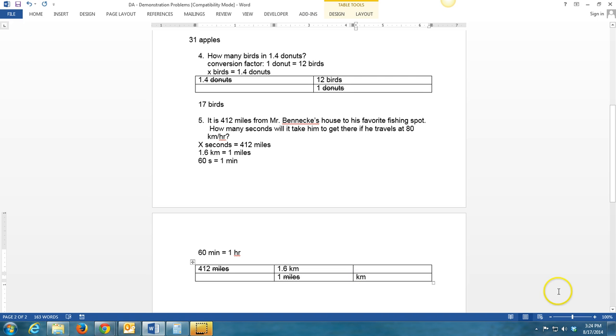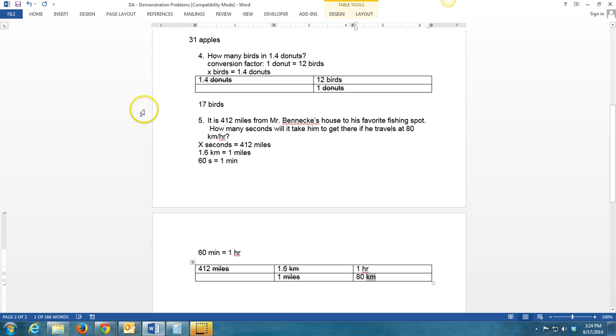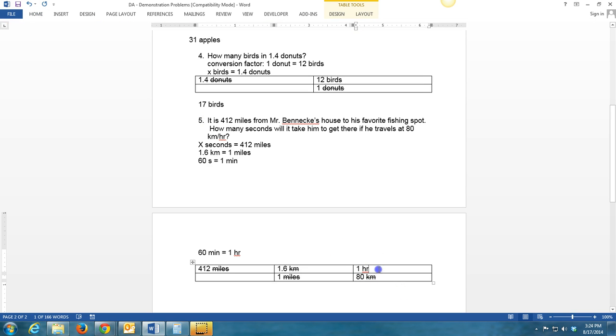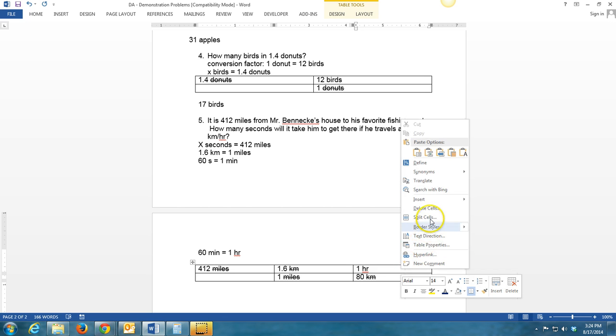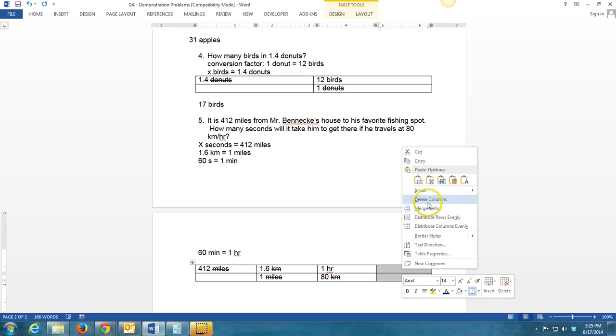So I can put the 80 km down here and the 1 hour up here, and that makes my kilometers unit cancel. All right, so now I've got hours, and I've got to get from hours to seconds. So I need to, and I'm out of table cells. So I'm going to insert a column to the right, and I'm going to do that one more time because I know that I need another one.